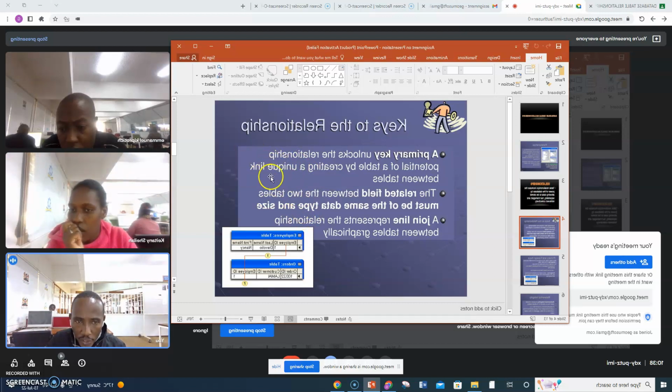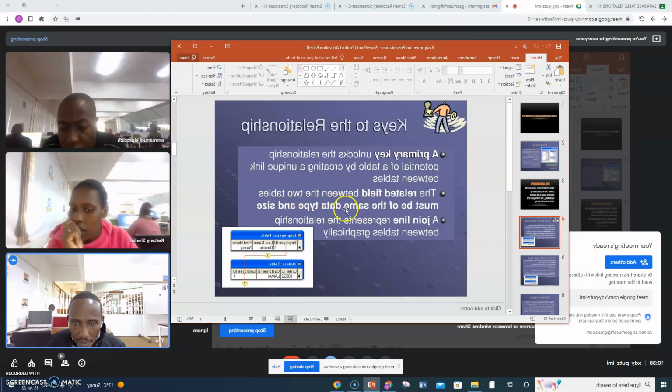Kaitani, can you read what a primary key is, or what it works for? Correct. So when we use primary keys, they make sure that the fields relate in one way or the other.